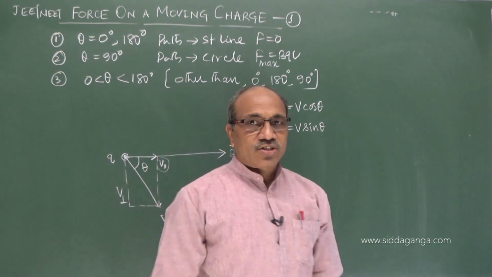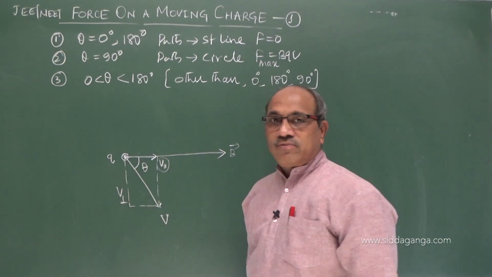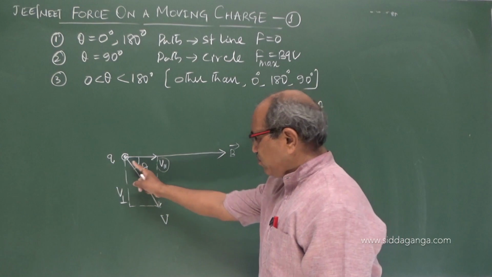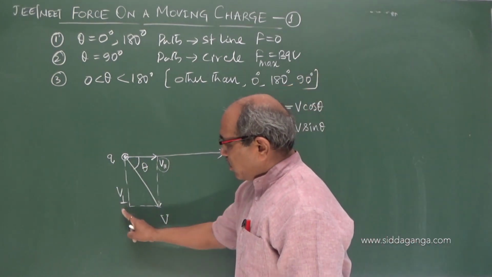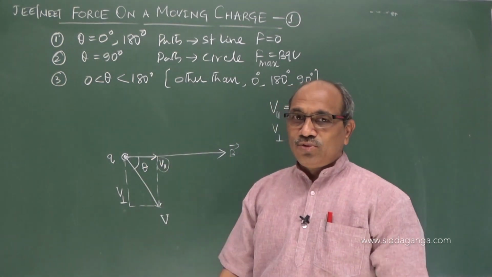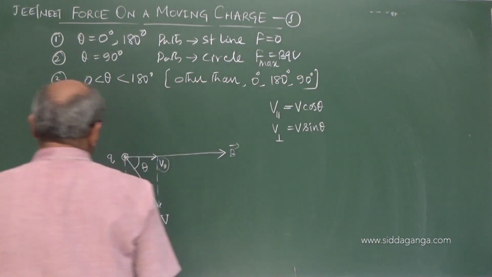So two orders are coming to the charge. One component says, do not go perpendicular, come with me along B. Another says, no, you have to describe a circle. Now the charge has to obey both orders.